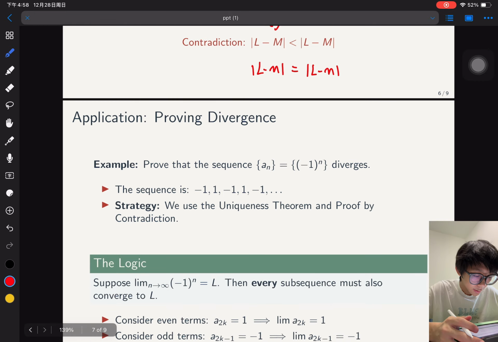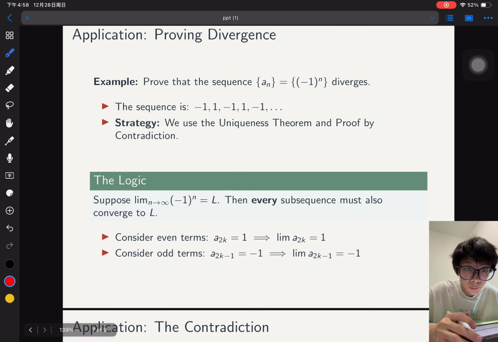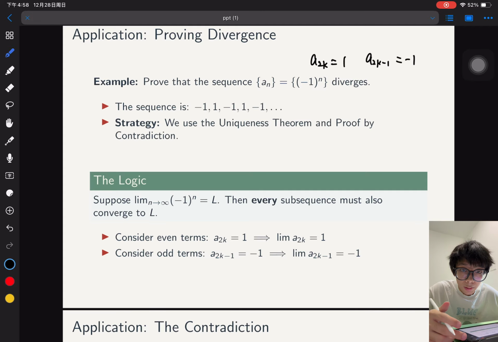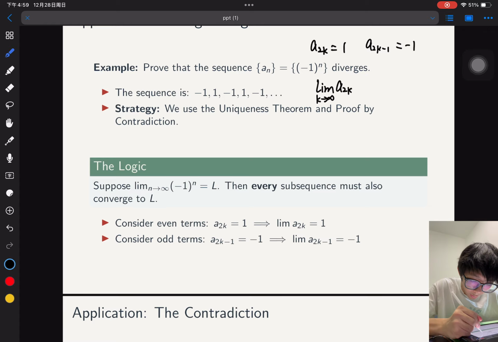Then let's apply that to a very simple example. We prove the sequence a_n equals (-1) to the power of n diverges. We can know that a_{2k} is equal to 1, and a_{2k-1} is equal to -1. So the even terms and the odd terms are not the same. We write down the limits: as k goes to infinity, a_{2k} is 1, and the limit as k goes to infinity of a_{2k-1} is -1.